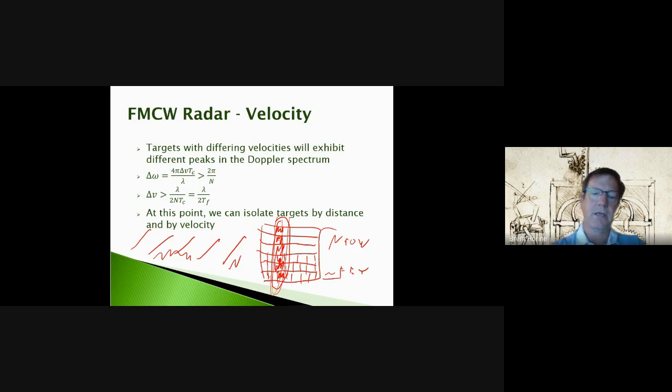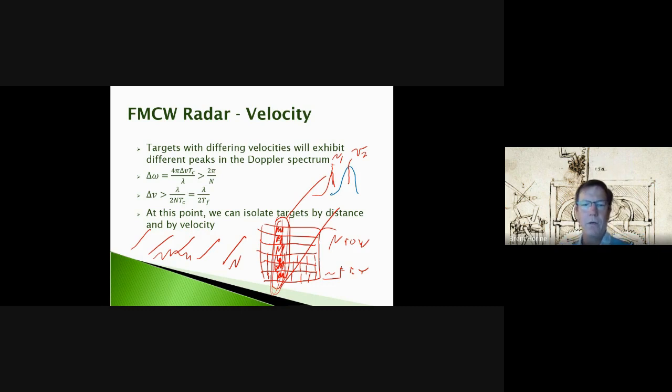When you take this, that's going to produce some sort of spectrum out of this second FFT, and now we can look at that, find the peaks of these, and then calculate the velocities associated with each of these, right?